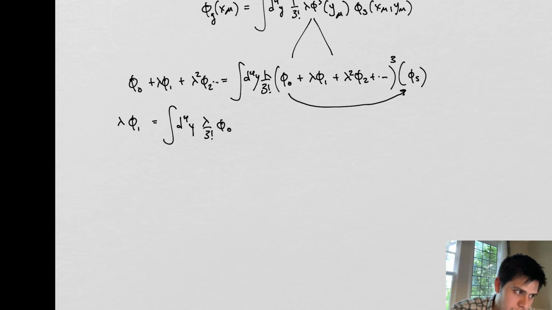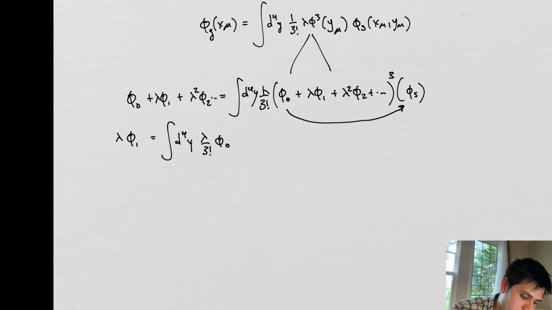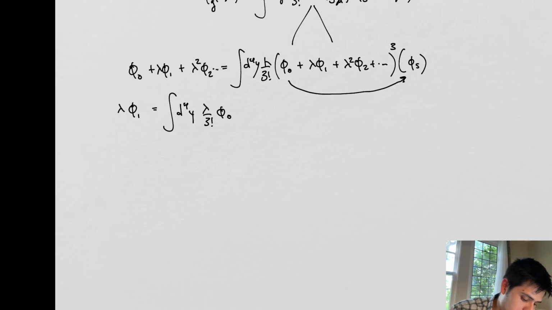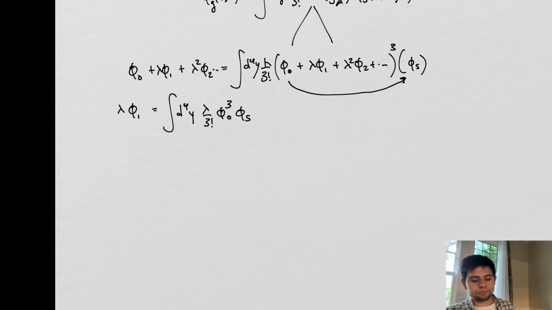This has to be squared or cubed because we cubed it right here. And so this is going to have to be cubed, like this. And we'll be able to sort of iteratively do this by saying, well, first we can cancel those out. We can get what our phi 1 looks like in terms of our interaction function.